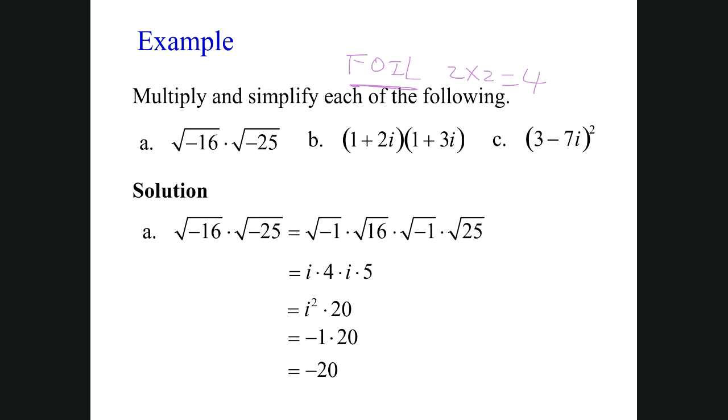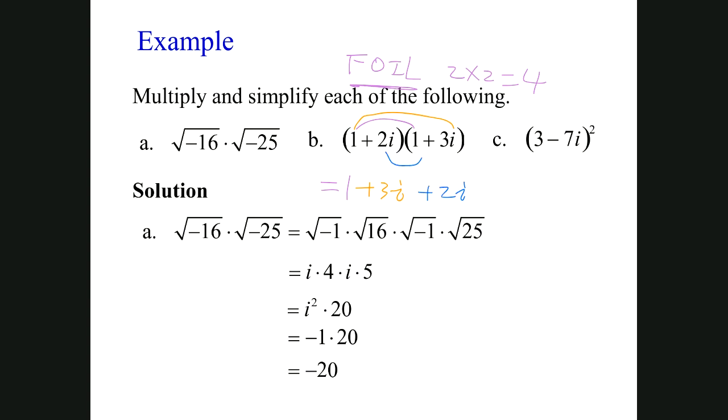So how do I FOIL it? 1 times 1, let's call the first term, right? 1 times 1 is 1. All right, and then let's see, 1 times 3i, we are given 3i in here. Let's call it the outer term, right? And then we're gonna have an inner term, 2i times 1. So 2i times 1, I get 2i, okay?